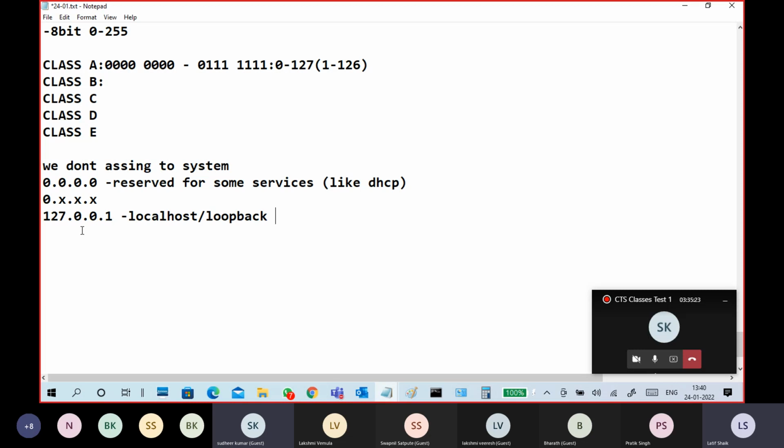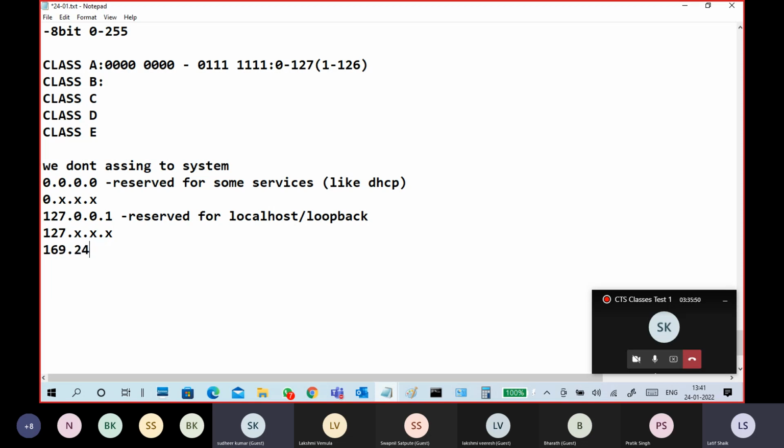It is also a reserved IP address, so we don't use it, nor do we use the series here. We don't assign it directly to our adapters. Of course, APIPA also is not used; we don't assign any APIPA range.